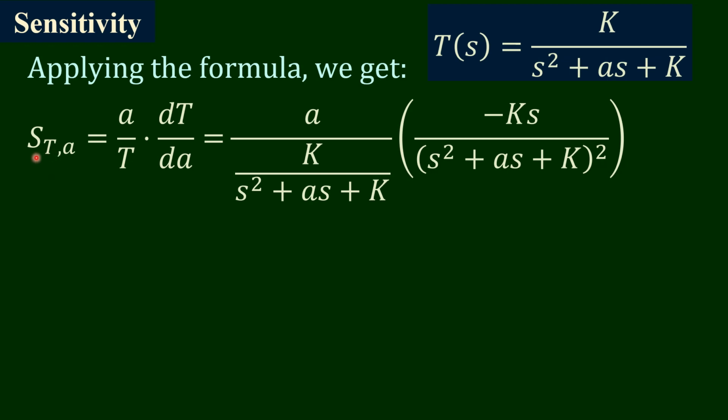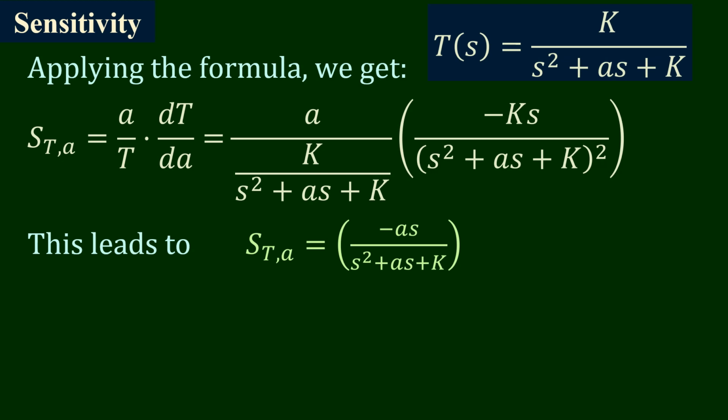the sensitivity of the transfer function T with respect to A is equal to A, the parameter, upon T multiplied by the derivative dT upon dA. So we write A, then we write the transfer function, and we take the derivative of this, which will be equal to this format. If we simplify this relationship, we will get this.